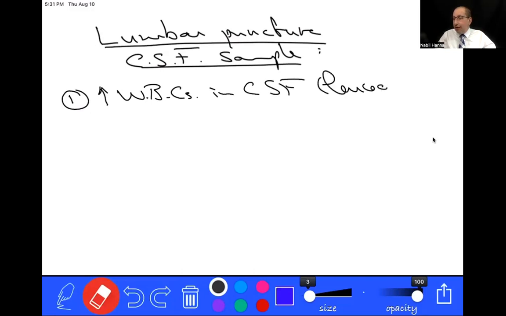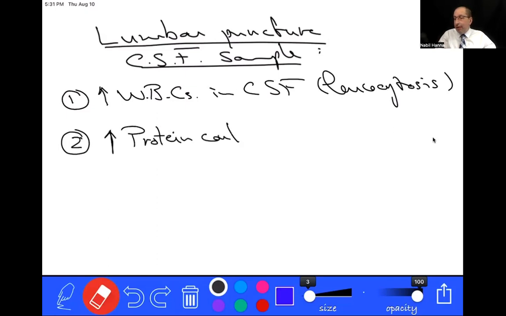Leukocytosis of the CSF, that's the first thing. And any microorganism is made of protein. So when you have hundreds and thousands of microorganisms circulating in your CSF, you will have increased protein content of the CSF.